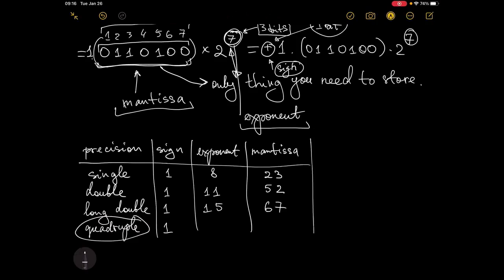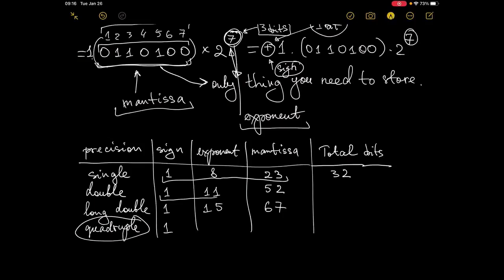So altogether, 1 plus 8 plus 23 is 32 bits. Here, 1 plus 11 plus 52 is 64 bits.